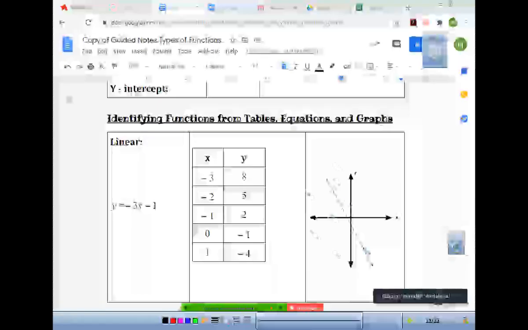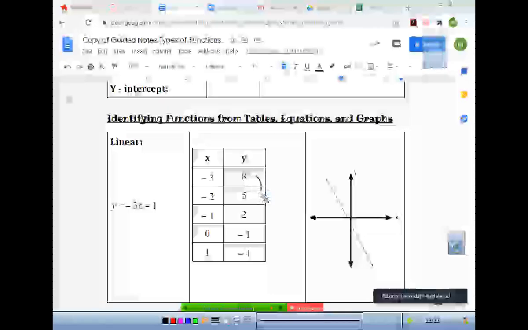We know what they look like in a graph. We know the linear is going to be a line, the quadratic is going to have that U shape, and the exponential is going to be that curve, right, kind of going up. But how do you look at a table and know which type they're going to be? Well, for a linear, you're going to be looking for, did they add or subtract the same number to get to the next number in the table?